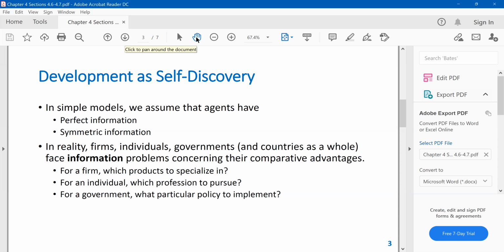So questions like these. Then for individuals, there are of course many decisions that are also relevant. One is which profession to pursue, right?